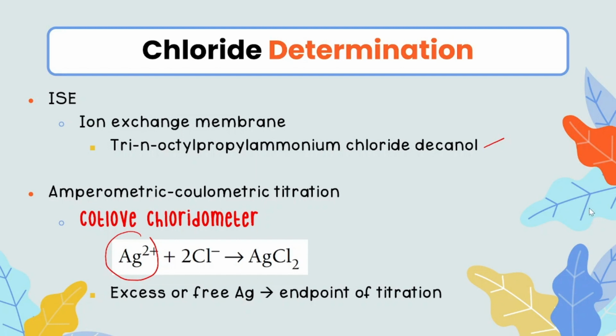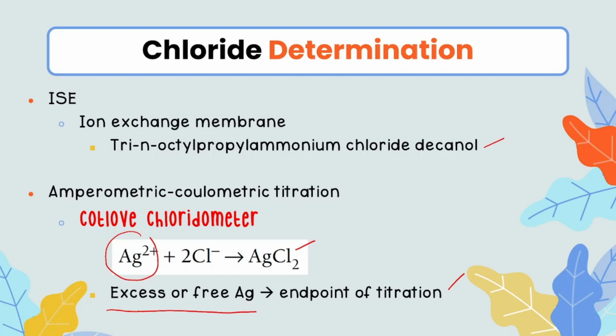So, kumbaga, what happens here, kids, is that upon the addition of your silver, it will try to combine to all of the chloride present in the sample. And then once saturated na lahat ng chloride, syempre you would expect na may mga excess or free silver that will be present in the sample, and that excess or free silver, kids, would already signify that it is already the endpoint of your titration.